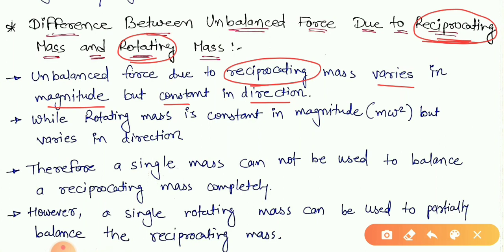It varies from 0 degree to 180 degree, from maximum to minimum value. While for rotating mass, the magnitude is m omega square r, which is constant, but the direction varies because it is rotating.